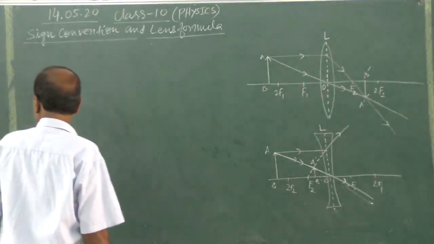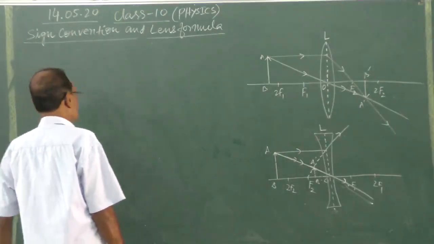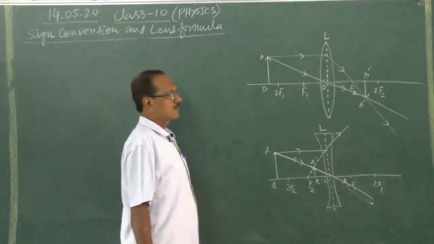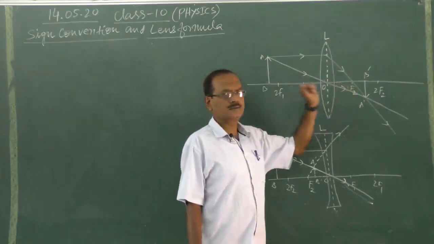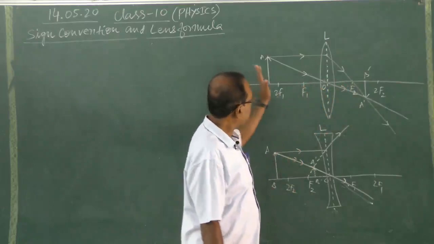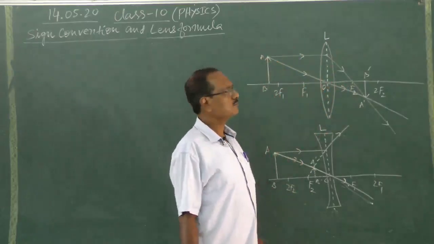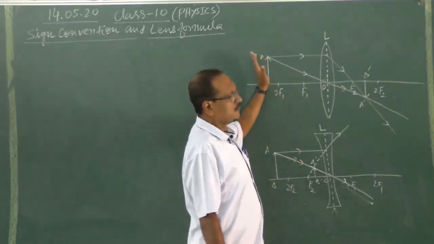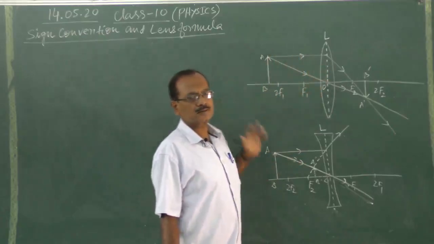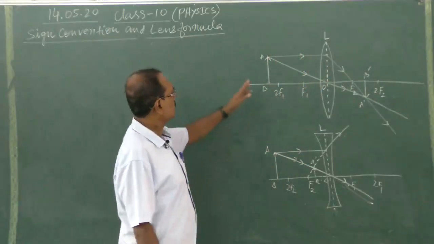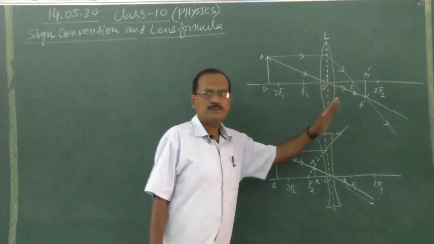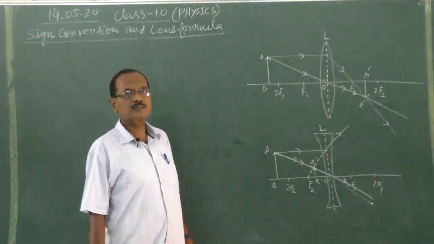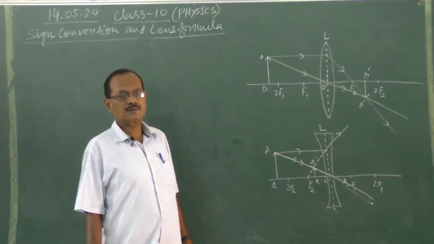Now, number 4. The distances are taken along the direction of the incident ray. The distance is taken positive along the incident ray.